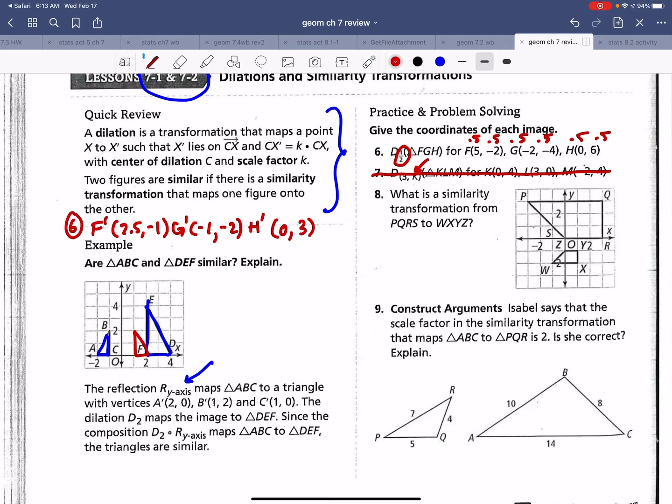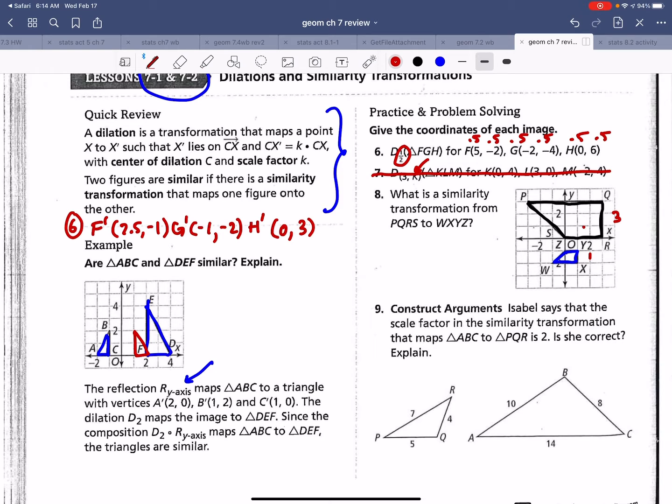All right, number 8, what is the similarity transformation from PQRS, from this guy to that guy? So there's a couple of answers here, right? But it looks like it has the height of 3, and now it has the height of 1.